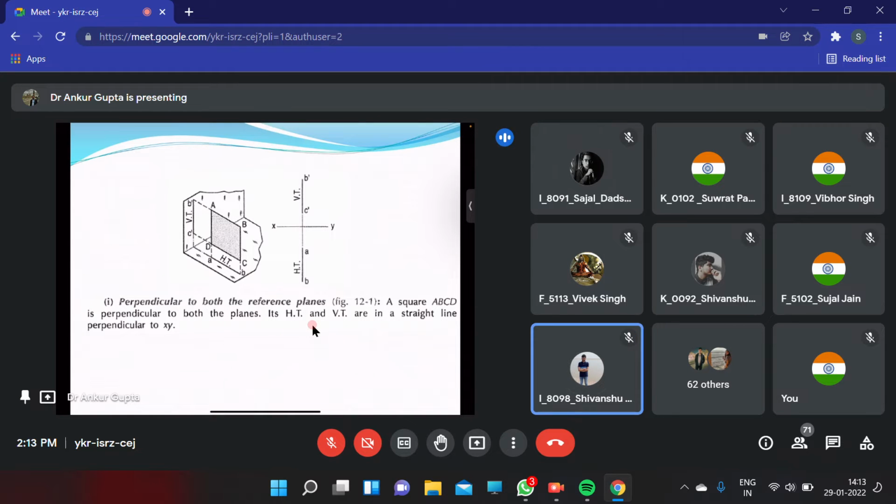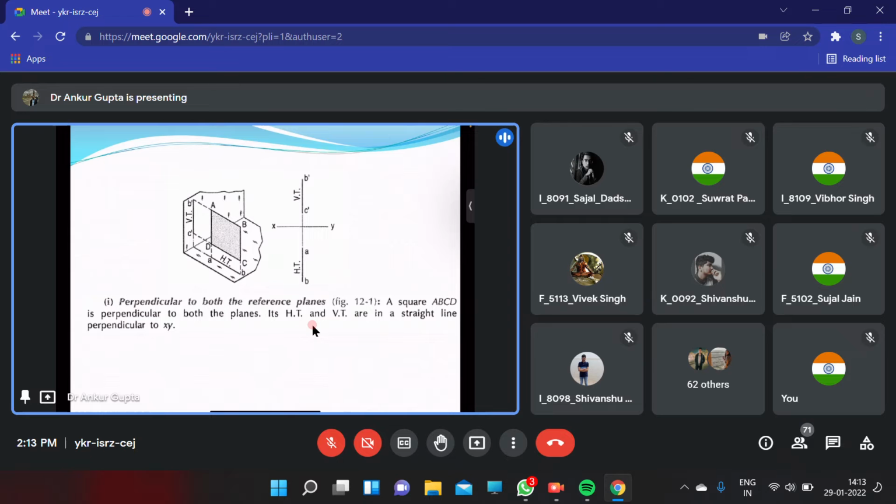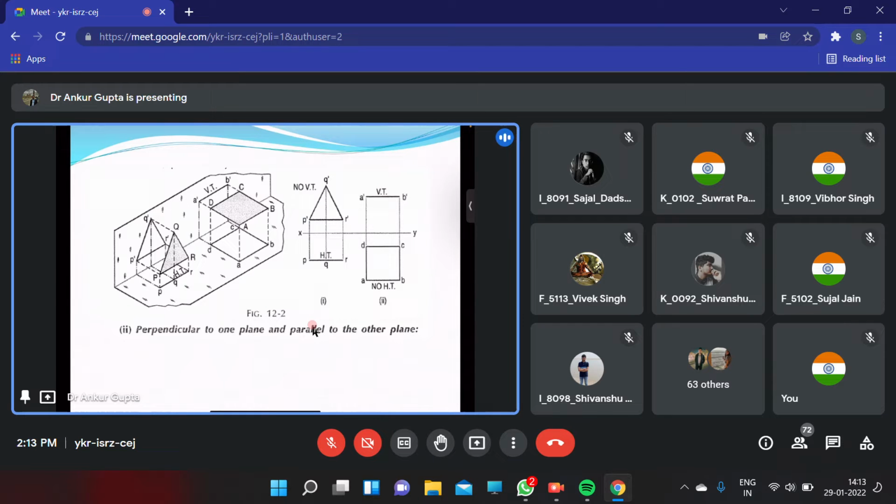Is it clear? You need to extend the edges, and wherever it meets the reference plane, that is known as traces. तो यहाँ traces का इतना यूज नहीं है, lines में ज़्यादा है, तो lines में maybe sir will teach you once again the traces, so it will be clear to you.